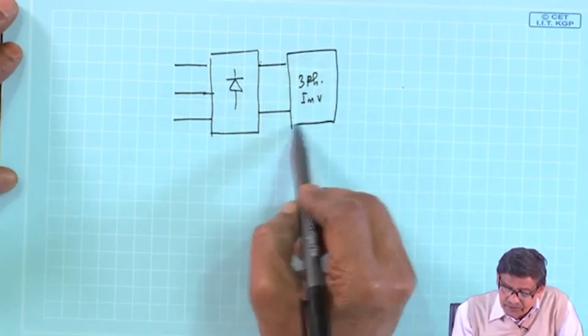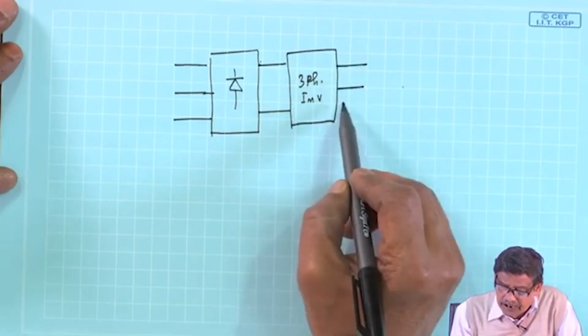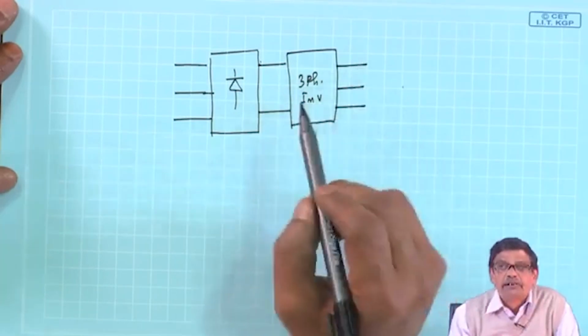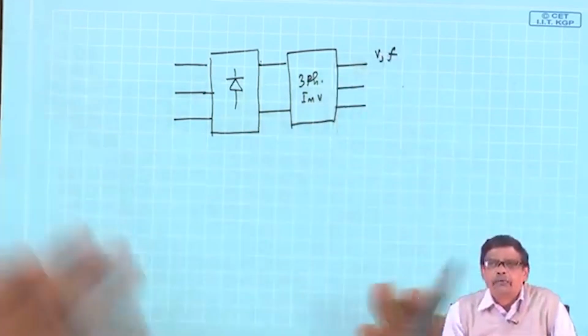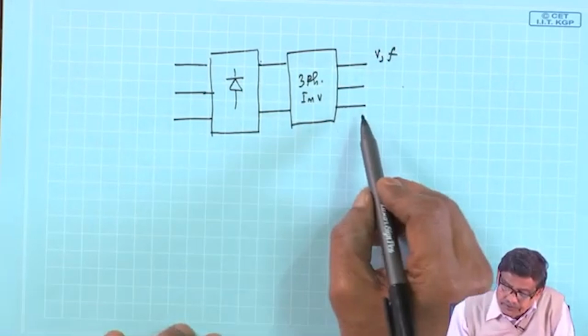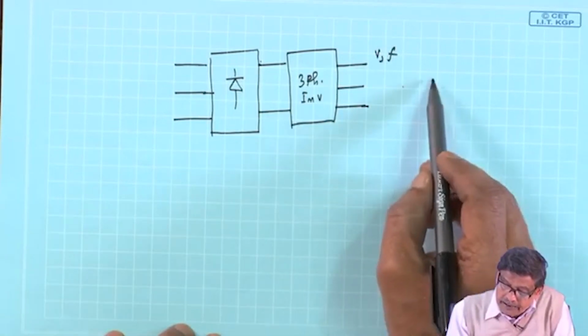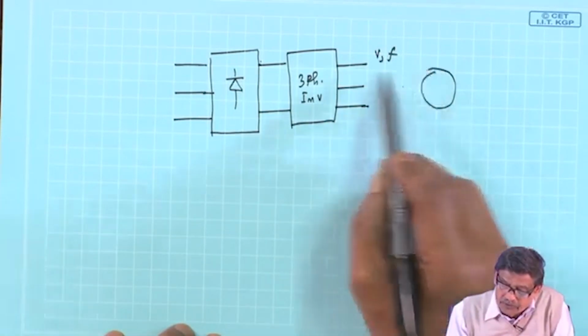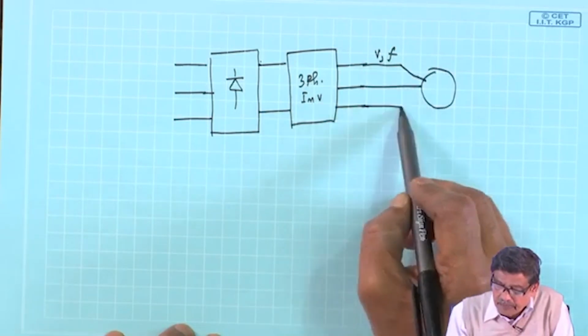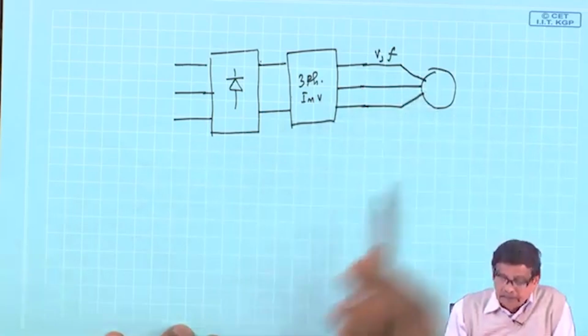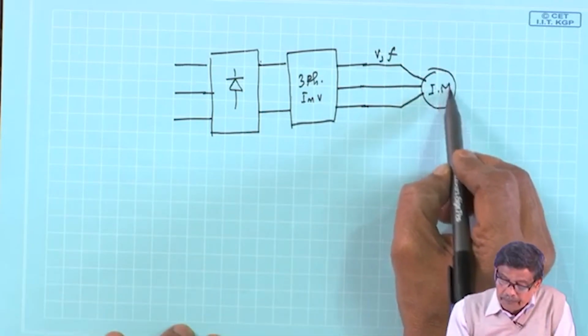And I told you, you can vary both the magnitude of the RMS voltage and the frequency, that is, V and F can be varied depending upon requirements. And here is your induction motor, and it is supplied.